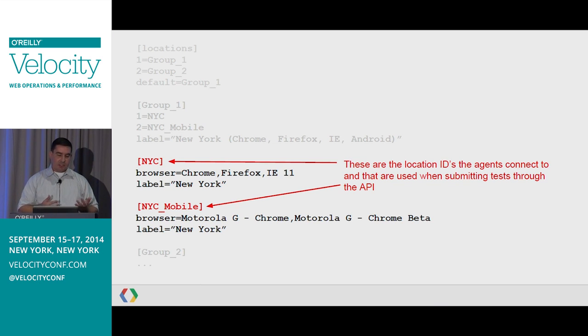Depending on what your test agent is, if it's the desktop agents, and it's WPT driver, they're sort of two desktop agents. You can have the Chrome, Firefox, as well as the IE version, or you can split those up and run them separately.